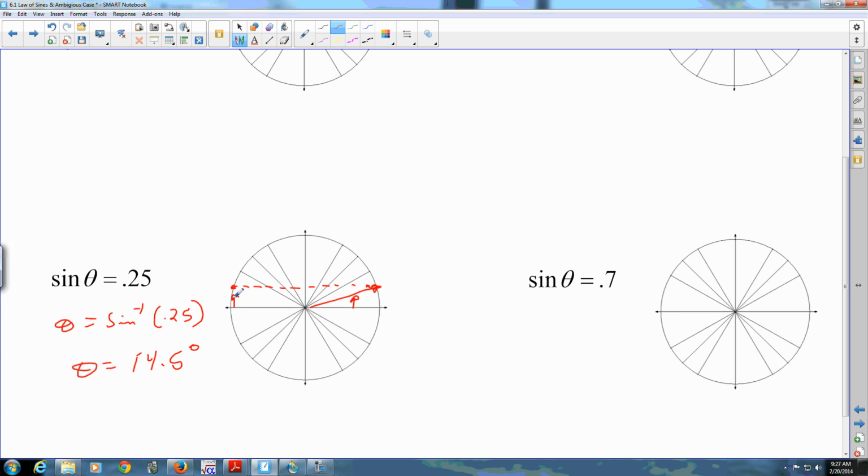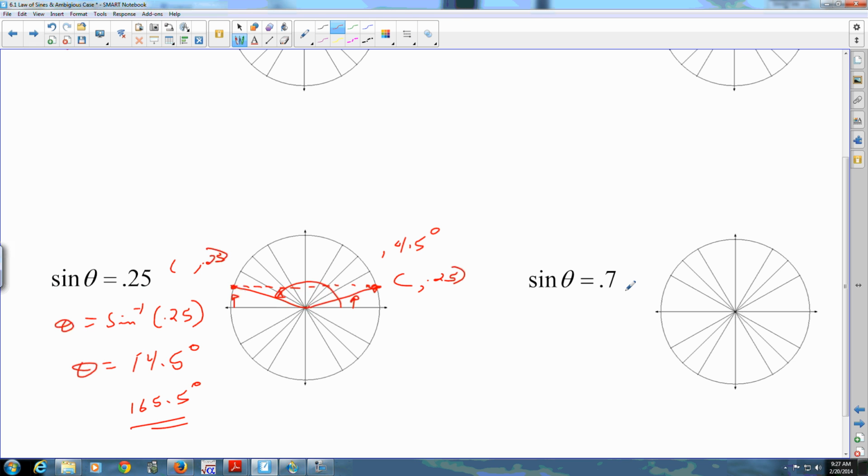This distance up is the same distance of 0.25. It has the same y value, if I wrote it as a coordinate, of 0.25, just like it does right here. How do I find that angle that creates that? They're supplementary. If this is 14.5 degrees over here, you find its supplement, so you cut it off of 180. So 180 minus 14.5 gives you 165.5 degrees. So 165.5 is another angle that has exactly the same y value.